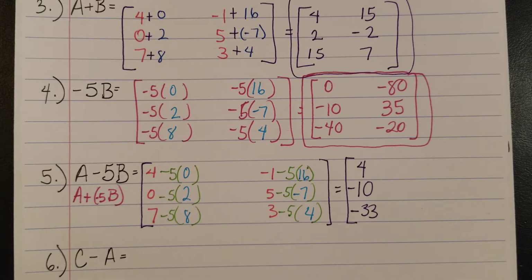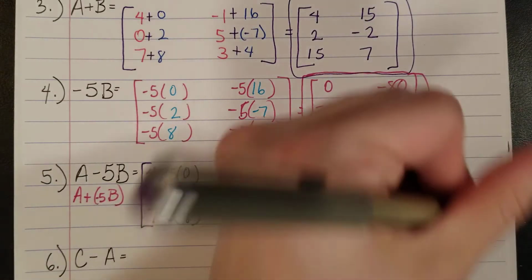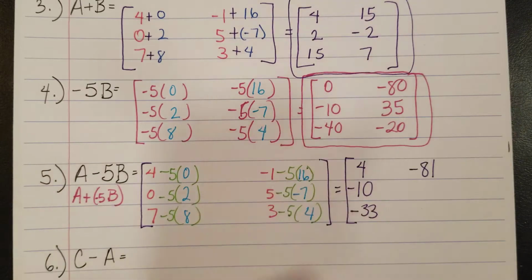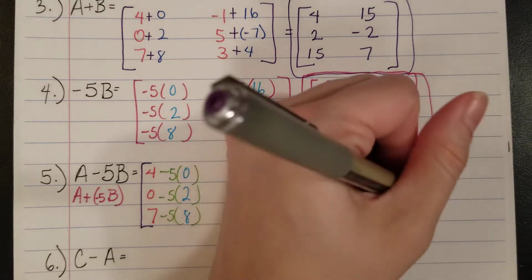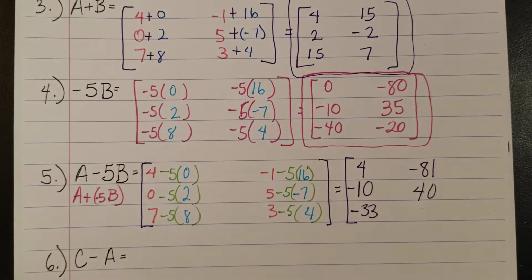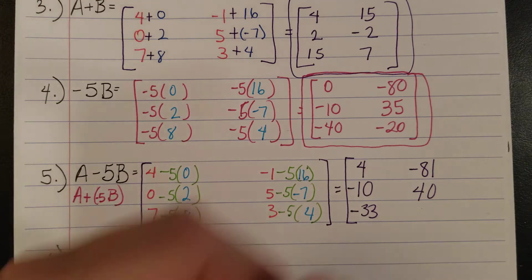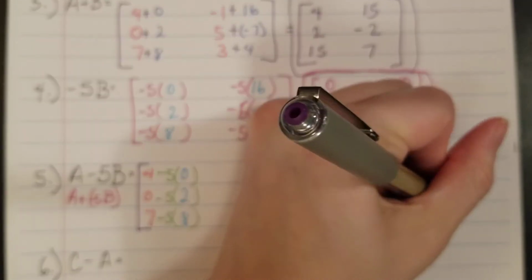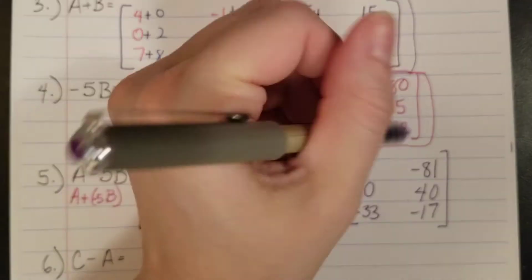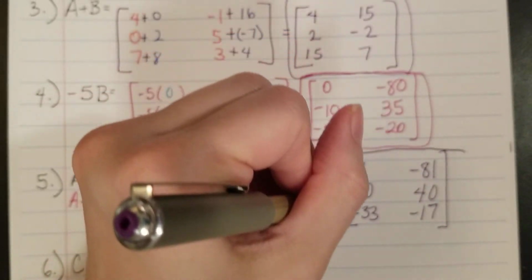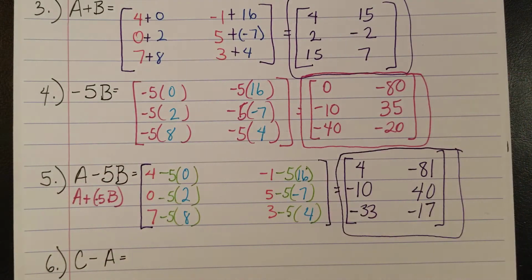Negative 1 minus 80 would be negative 81. That would be 5 plus 35, which would be 40. And then 3 minus 20 would be negative 17. And there we have it.